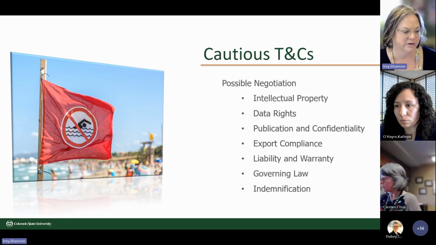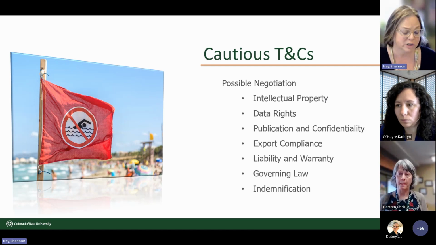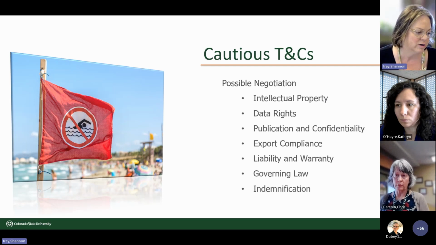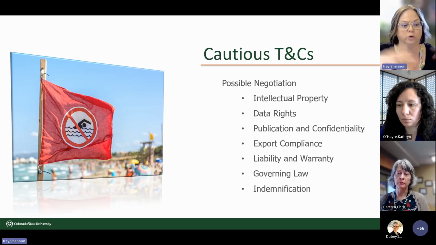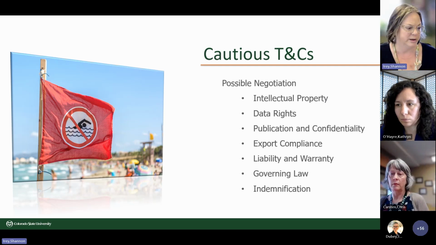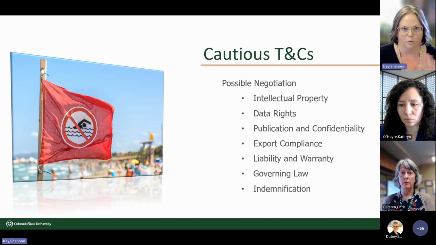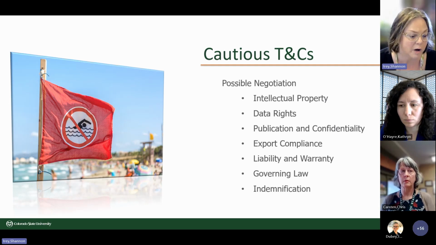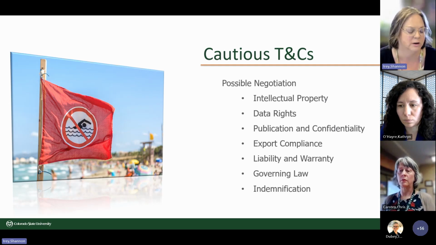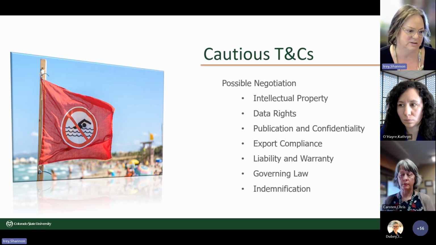What we're talking about here is a cautious T&C that possibly restricts publications or has other rules surrounding whether or not we can do that. So they can be talking to their technical counterparts at the other place about where they're going to publish and how, and working together on publications or conference papers or things of that nature. But we're talking about restrictions on those type of things.